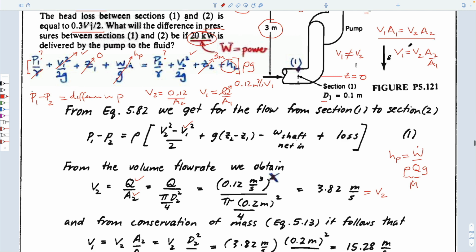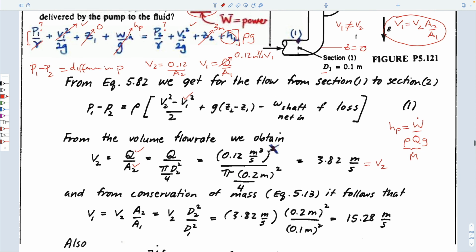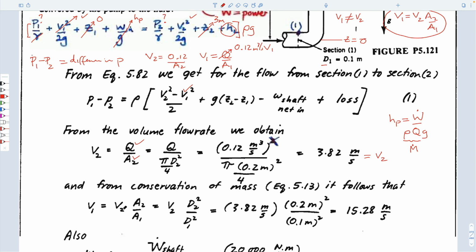We can link V1 to V2 from what we did here, just continuity, right? So V1 is equal to V2 multiplied by the ratio of the cross-sectional areas. It's a bit easier because the cross-sectional areas are just the ratio of the diameters squared, because pi and 4 cancel out top and bottom. And so this is equal to V1. So we have V1 and V2. We have the difference between Z2 and Z1 is just 3 meters. We know which planet we're on.